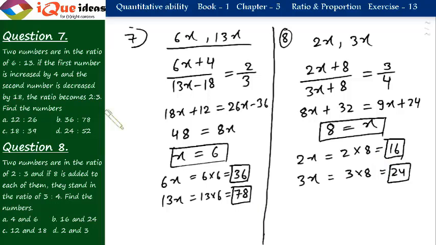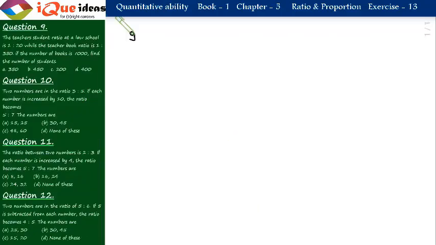Okay. Now question number 9. It says the teacher to student ratio is 1:20, and teacher to book ratio is 1:350.